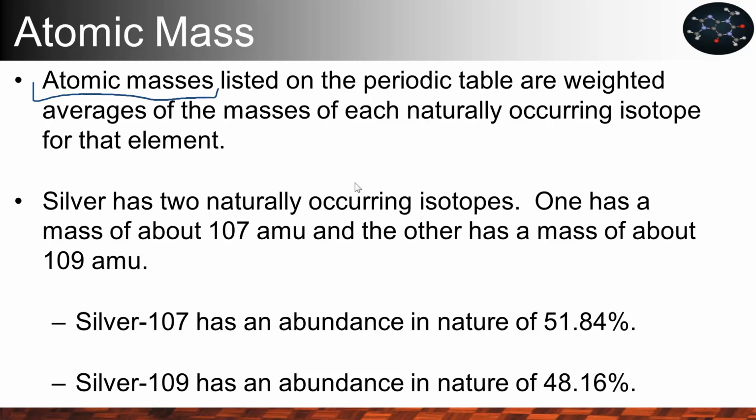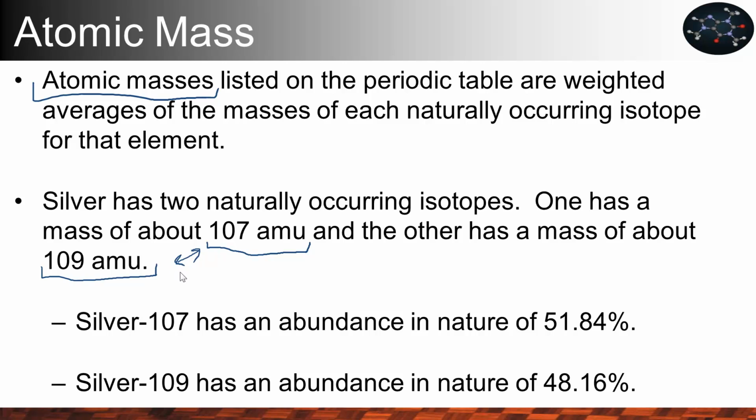If we have two different isotopes of silver, for instance, one that weighs a total of 107 AMUs, and the other that weighs a total of 109 AMUs, the overall average mass of a silver atom is going to be something between that.